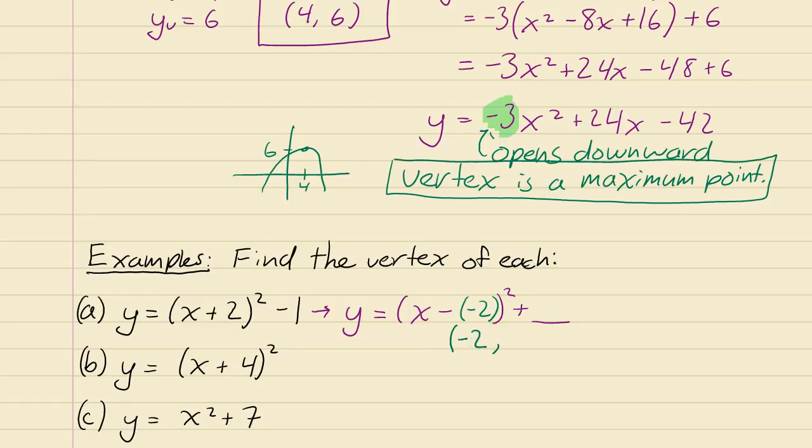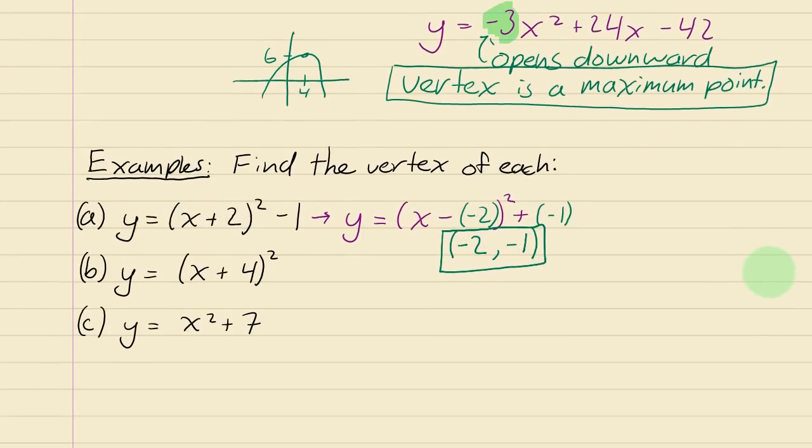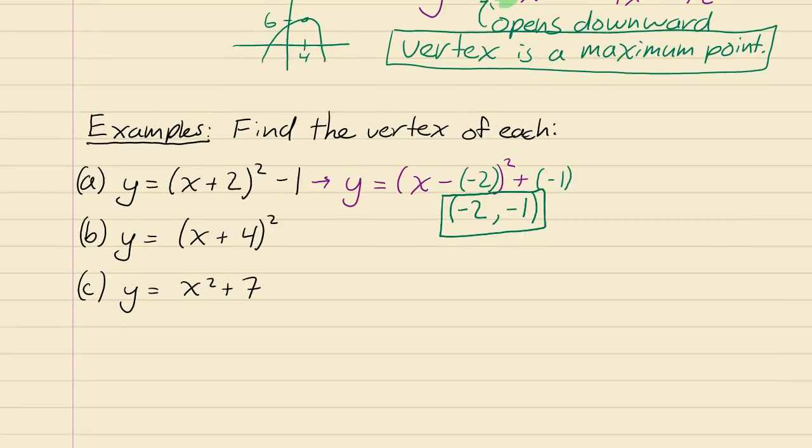And the y-coordinate of the vertex, if we have a minus 1 here, we can write that as plus negative 1. And that means the y-coordinate of the vertex is negative 1. Okay, so we got that. Let's look at B next.